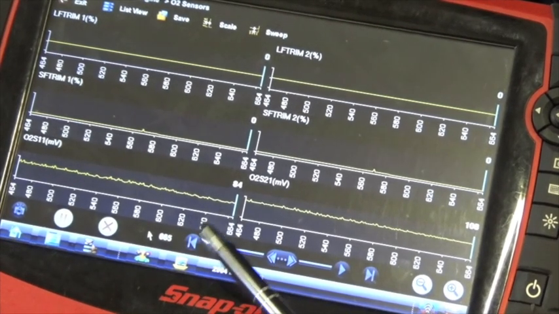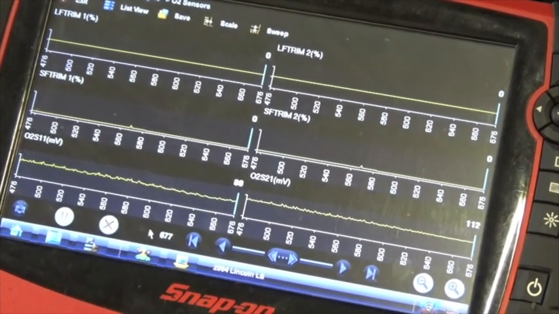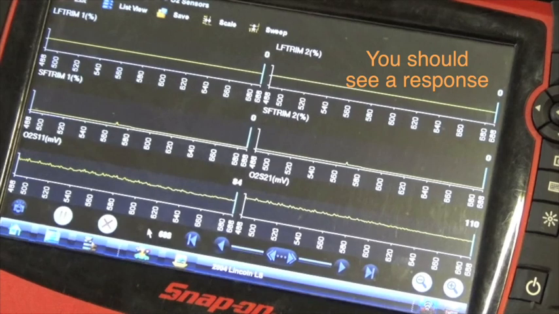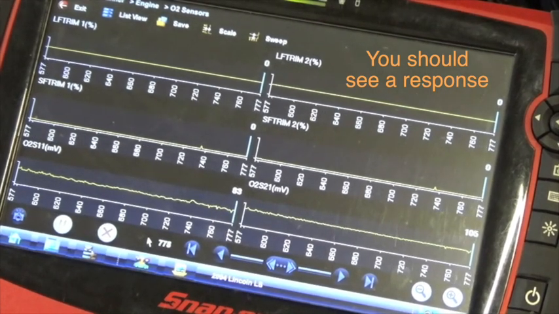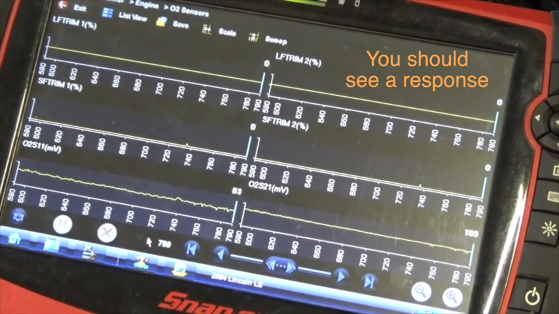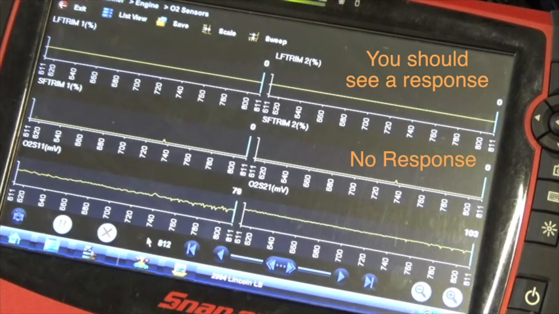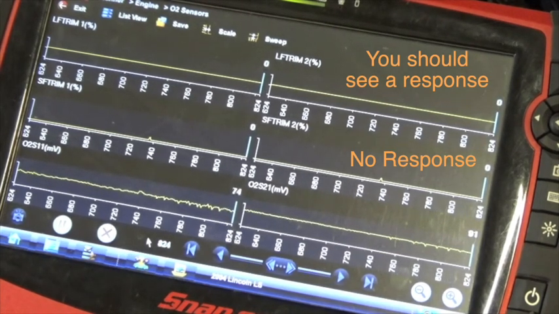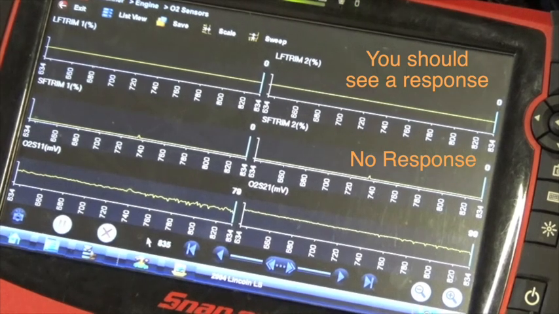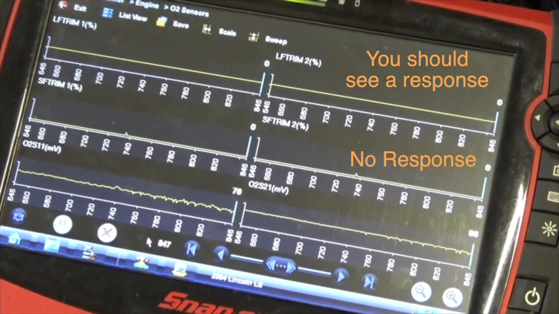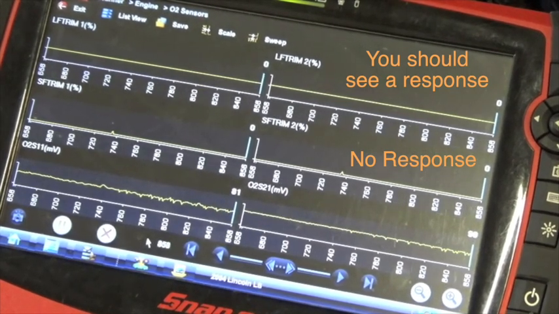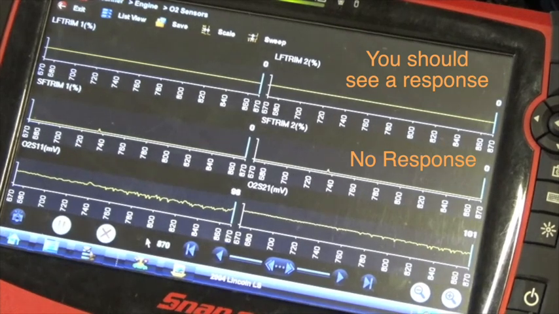Now I'm going to raise the idle here a little bit, and we'll see what happens. Now I'm going to go to wide open throttle. Back to idle. Wide open throttle.